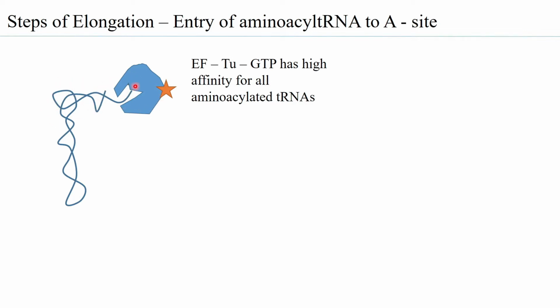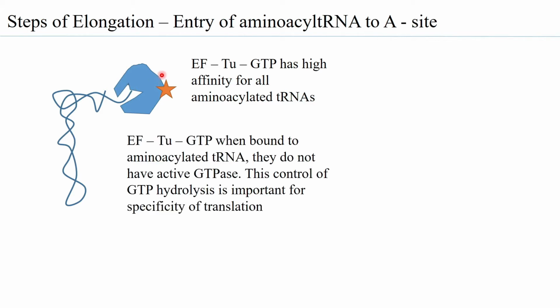So it can interact with both the acceptor arm and the T stem. This interaction makes the binding of EFTU GTP very stable. And interestingly, EFTU GTP has an inherent GTPase activity, but this GTPase activity is not induced when it is in the EFTU GTP form attached to the charged tRNA.